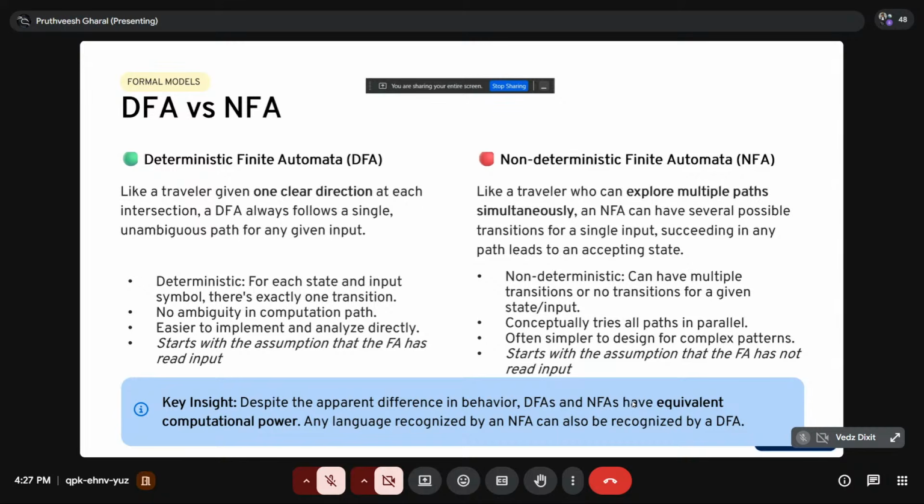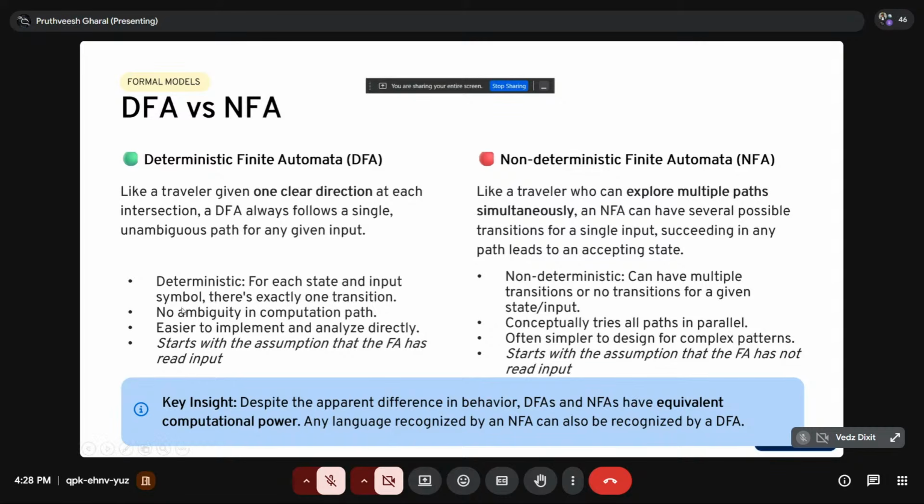So it is deterministic. For each state and input, there is exactly one transition. That means deterministic: whenever it receives an input, there is exactly one transition. We know where it is going to move.